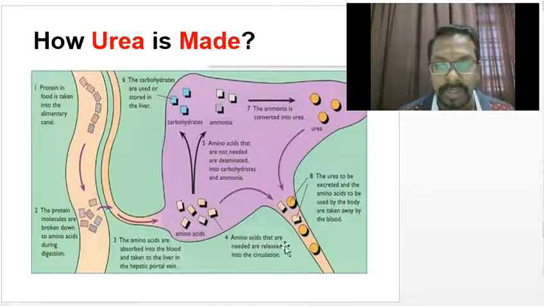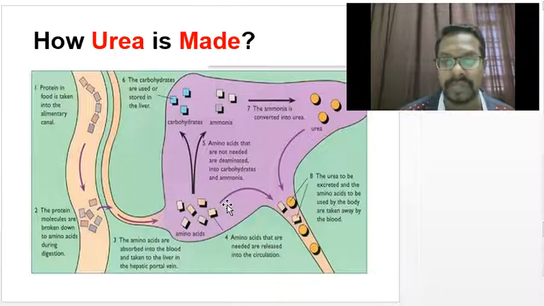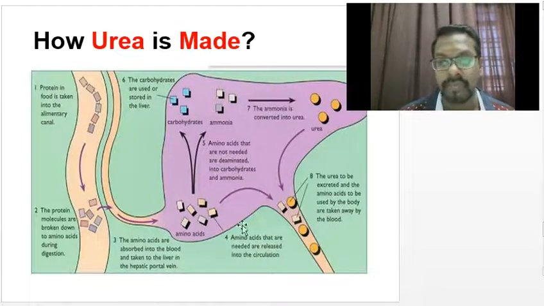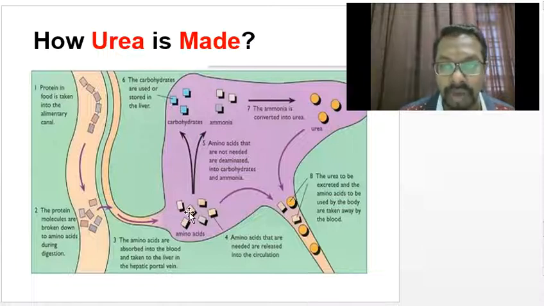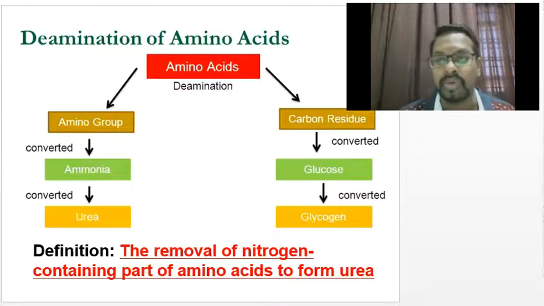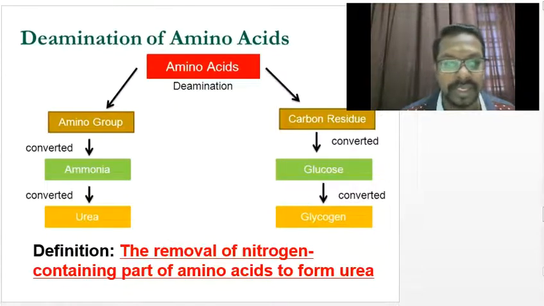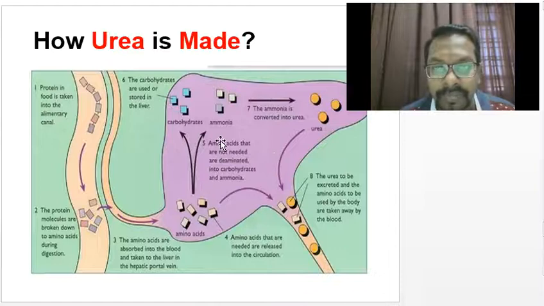So what happens in the liver? Amino acids that are needed are released into the circulation because we need them. So it goes back. Now, what about the excess? Amino acids that are not needed are deaminated into carbohydrates and ammonia. Again, the amino group and the carbon group. These carbohydrates are stored in the liver in the form of glycogen. And ammonia, what happened?